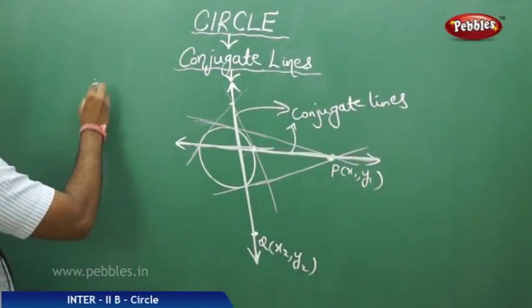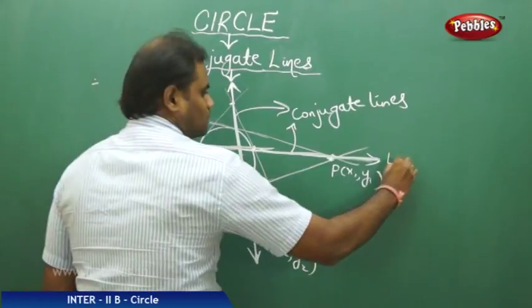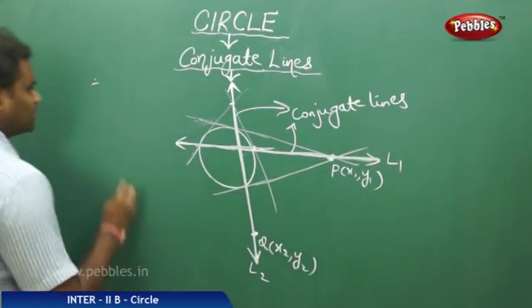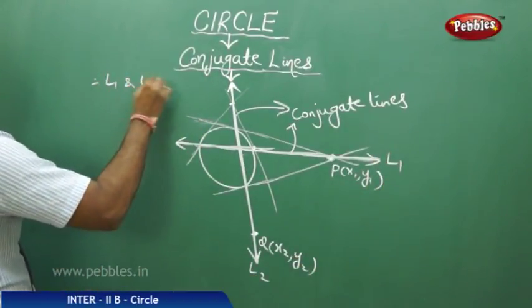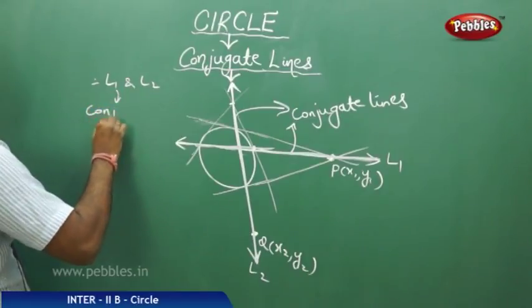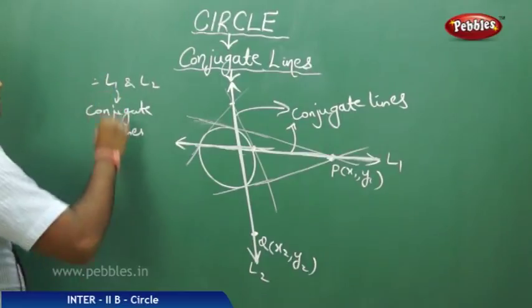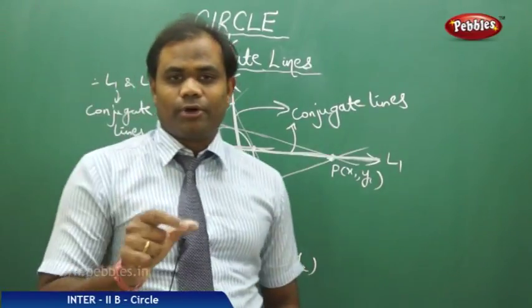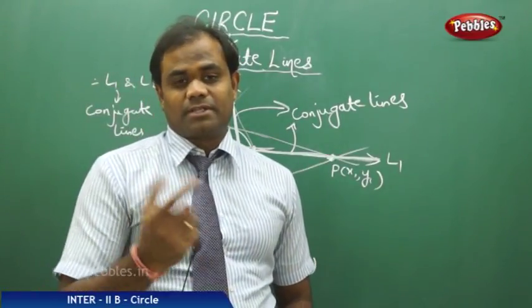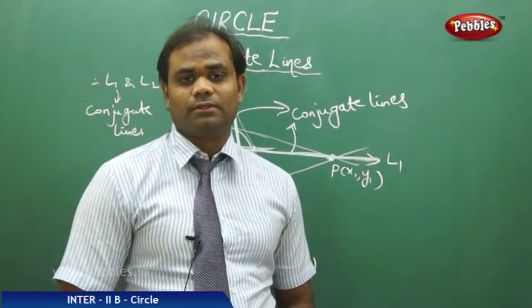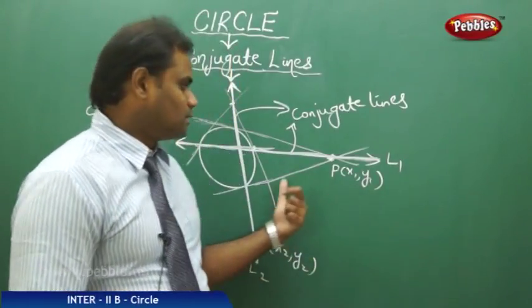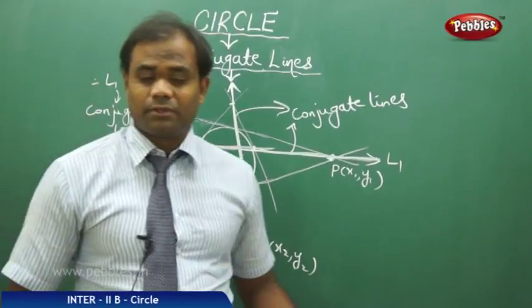So L1 and L2 which I take are conjugate lines, which have the conjugate points on them of the respective polars of each other. That's how we understand conjugate lines connected with conjugate points.